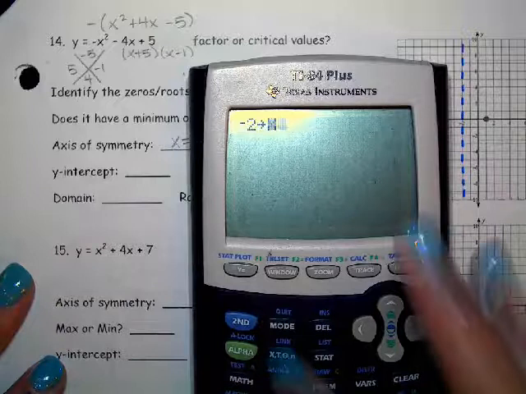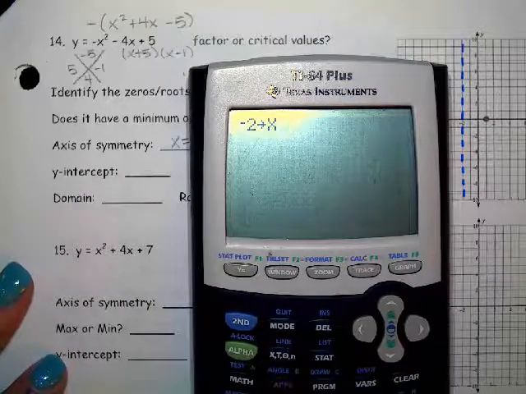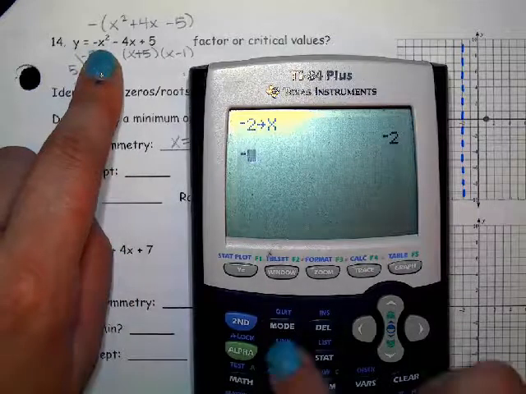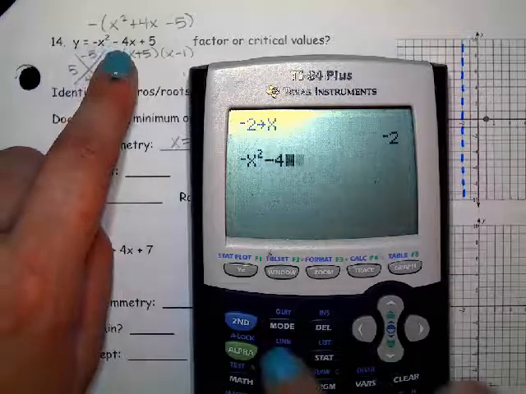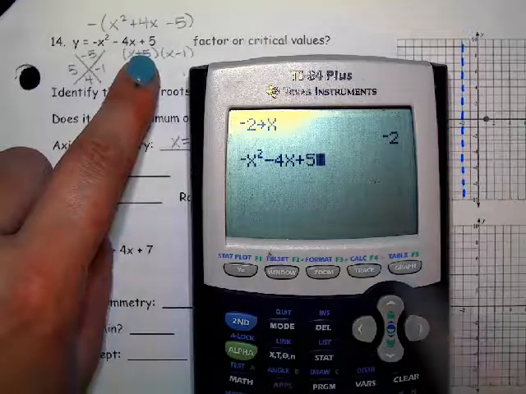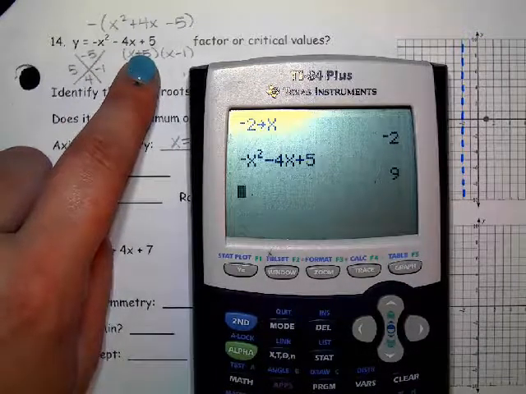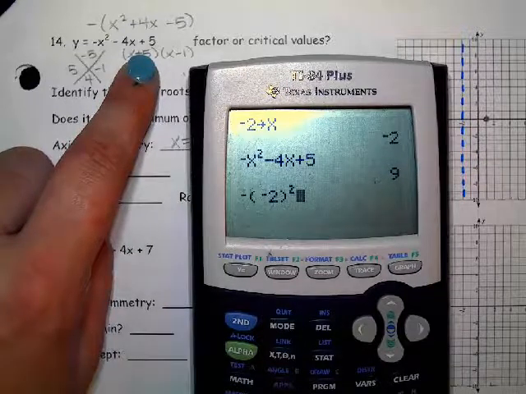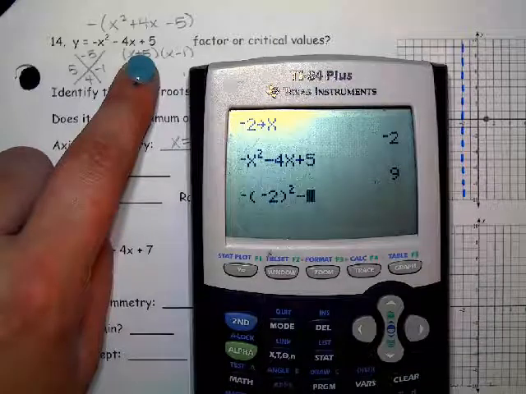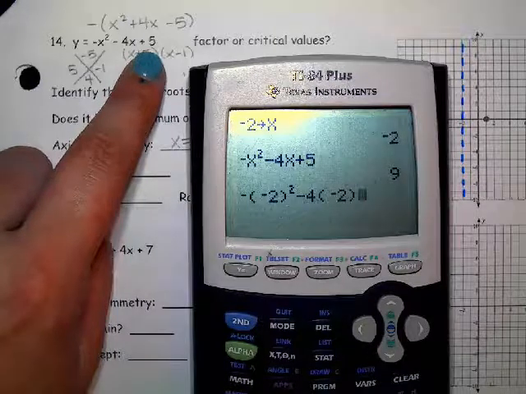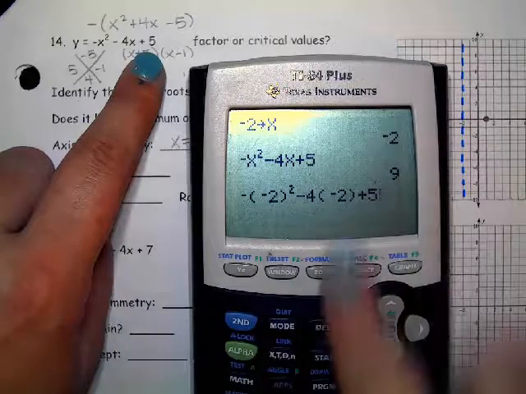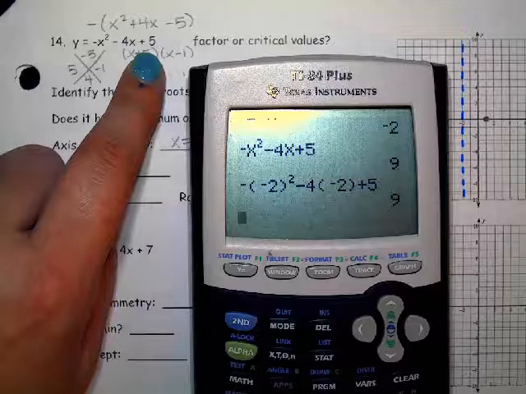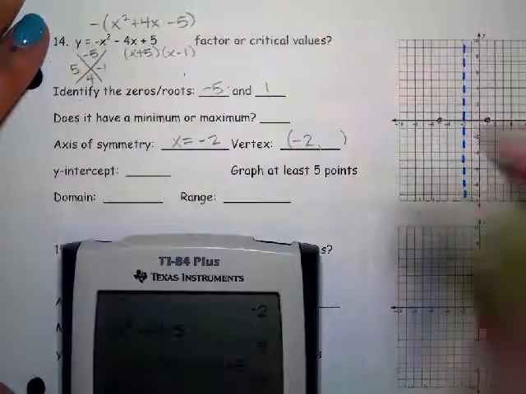And then I'm going to type in -x squared minus 4x plus 5. So this is nice because if we had typed in a -2, it would have been kind of hard to plug in. You would have had to do negative of -2 squared minus 4 times -2 plus 5. So this is a little bit easier to plug in if you plug it in this way than if you plug it in that way. Okay, so 9. So -2, 9.